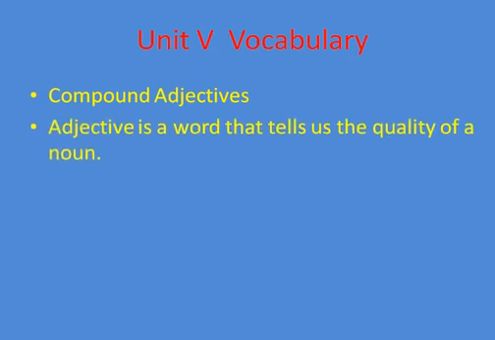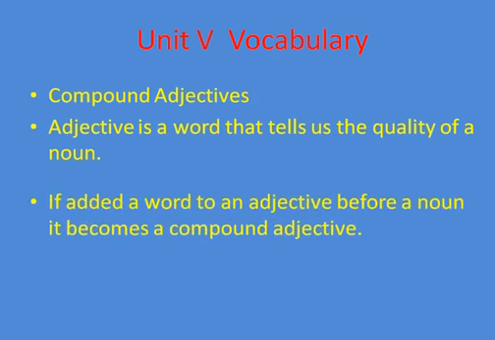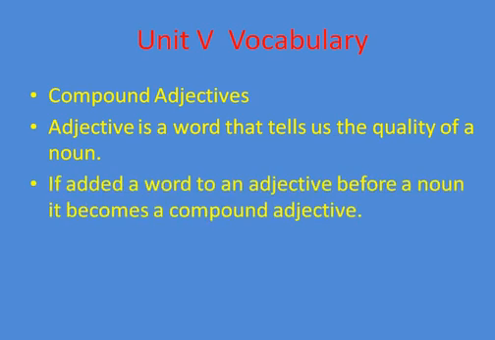We all know that an adjective is a word that tells us the quality of a noun. And as the name suggests, a compound adjective is a combination of two adjectives, or a word with another adjective, before a noun. It becomes a compound adjective.